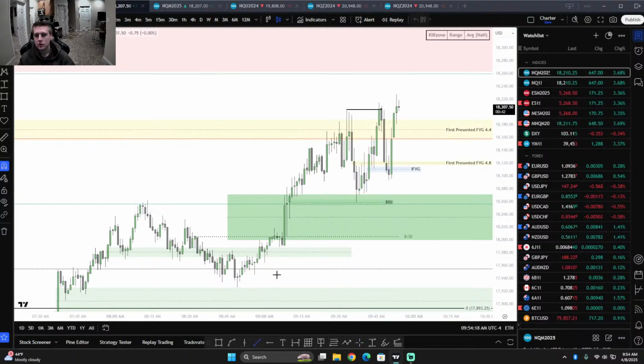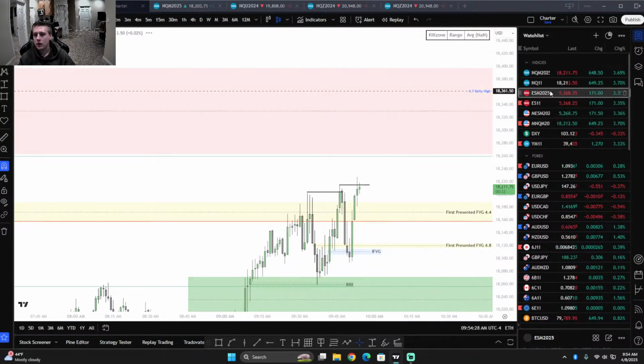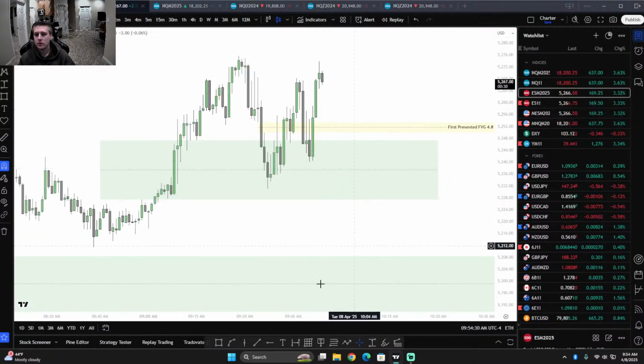Okay, now let's see if we just get that displacement here that we want to see up into yesterday's daily high, previous day high. ES might want to trade in this buy side imbalance here. Would want to see this support price.